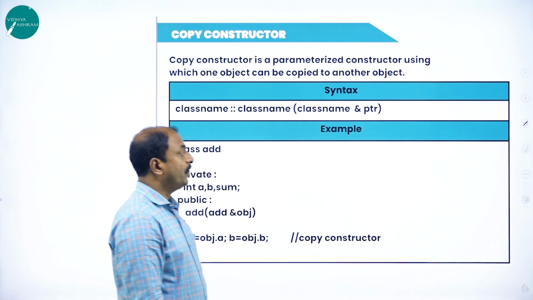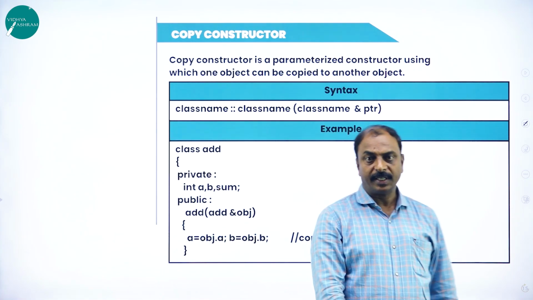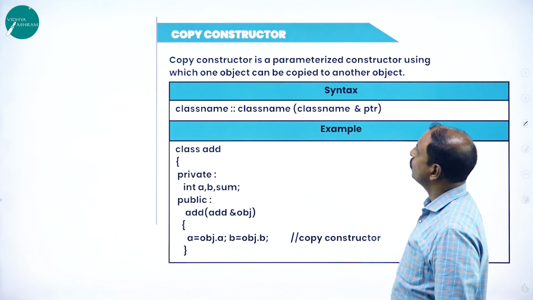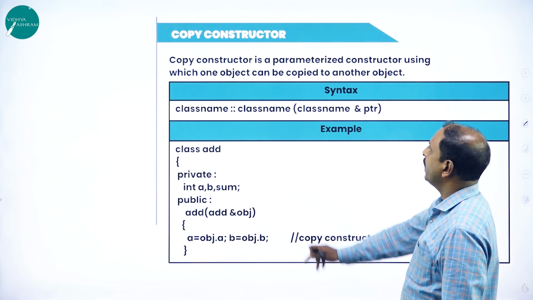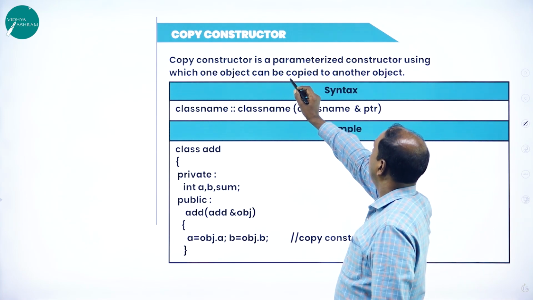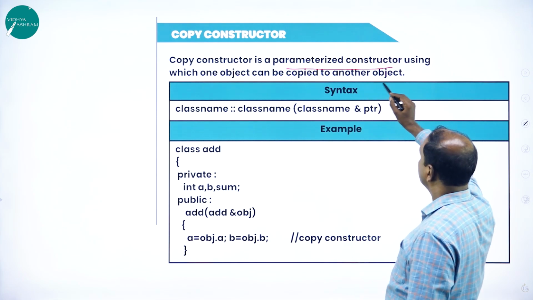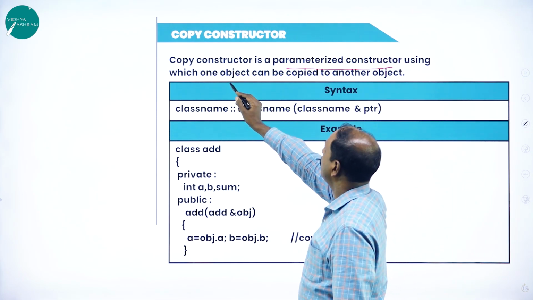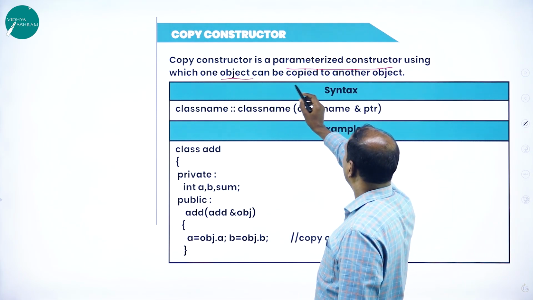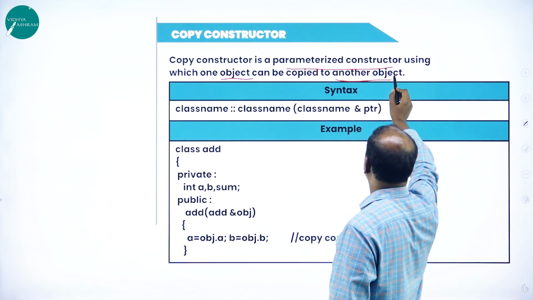Now let us see one more type of constructor, the copy constructor. So what is a copy constructor? A copy constructor is a parameterized constructor using which one object can be copied to another object.